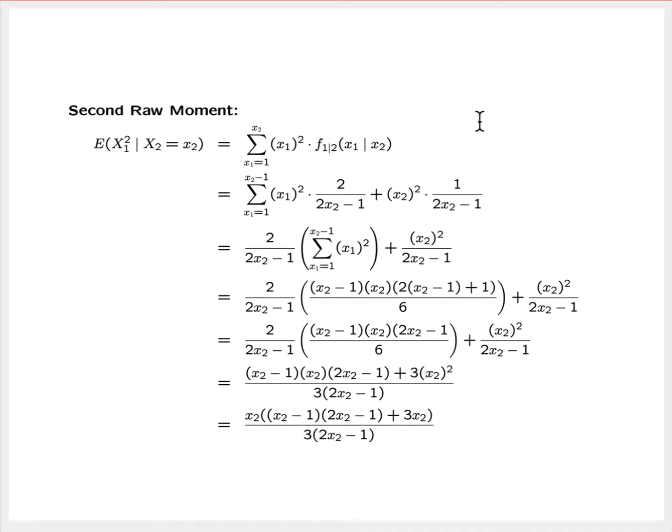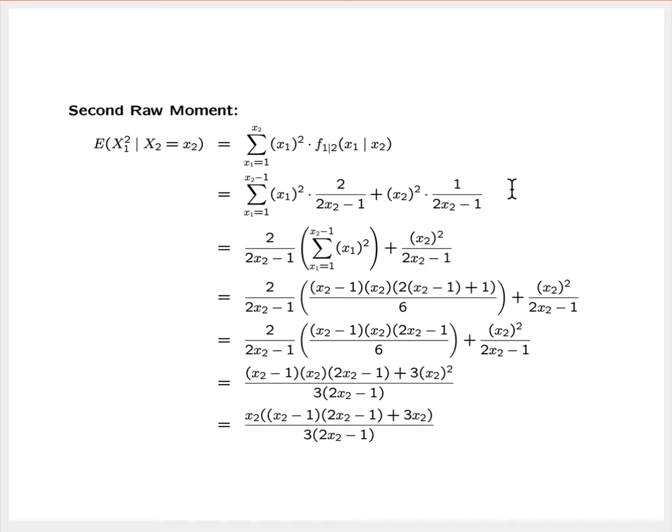All right, now we can also calculate the second raw moment, and so we use the same kind of approach. The conditional expectation of x1 squared, given that x2 is equal to a particular value in its space, is given by the sum x1 going from 1 up to x2 again, this time of x1 squared times the conditional PMF.